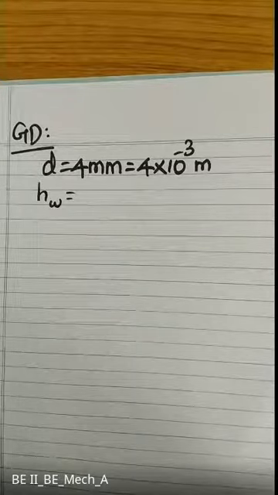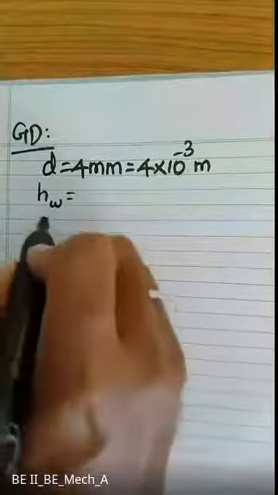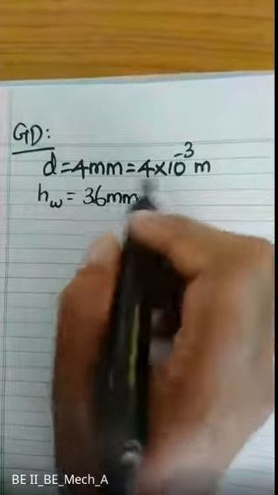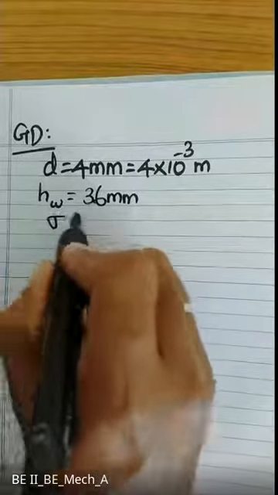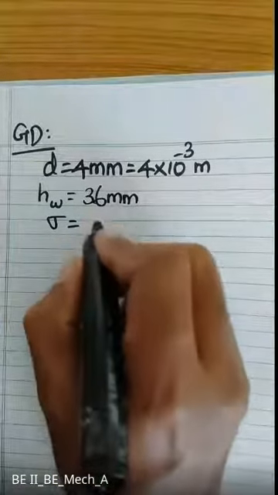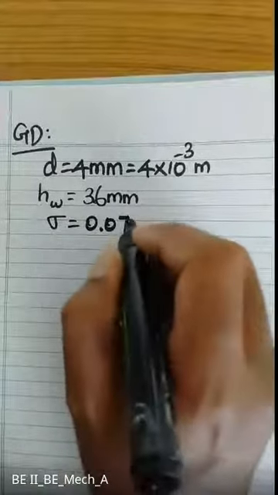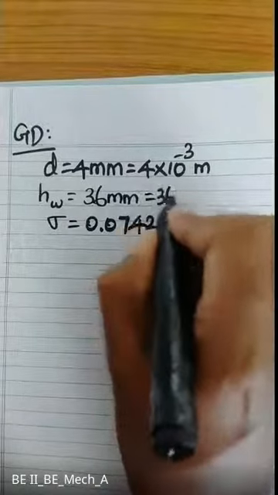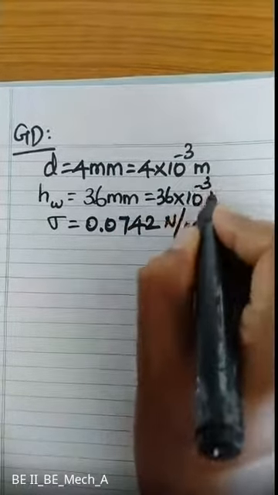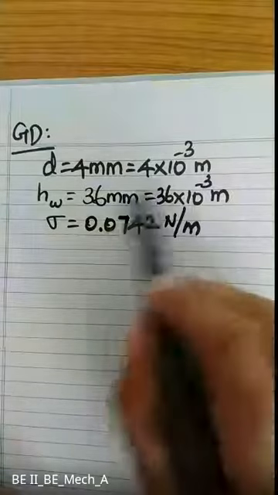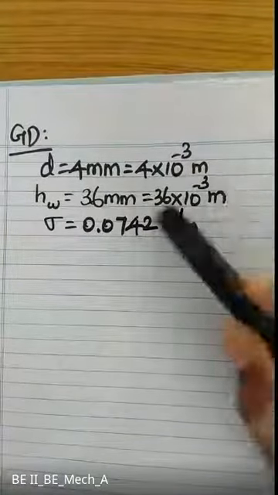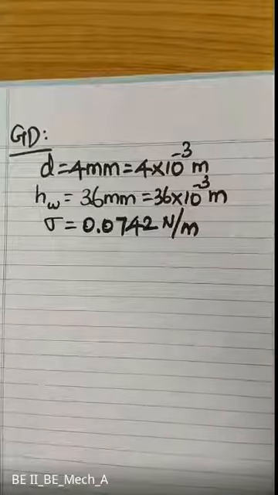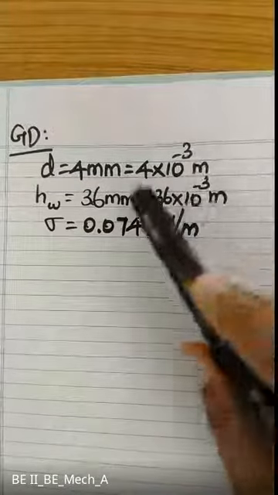The surface tension of water and glass tube is given as 0.0742 Newton per meter. This 36 mm you can convert into meter, so it will be 36 into 10 to the power minus 3 meter. Normally this value is used to find the true static height of water. So what is this true static height of water?